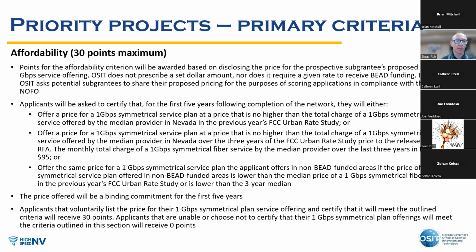And then the other option is looking at symmetrical service for the median provider over the last 3 years in Nevada, which is currently $95. It should not be terribly difficult to hit that number. And finally, that you simply will offer the same price in the BEAD areas as you are already offering in non-BEAD areas.